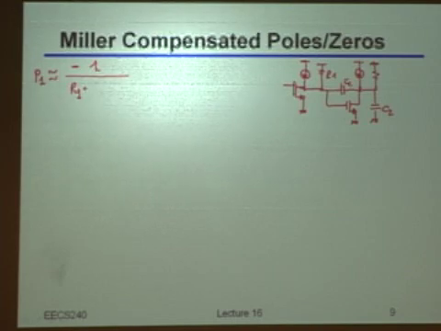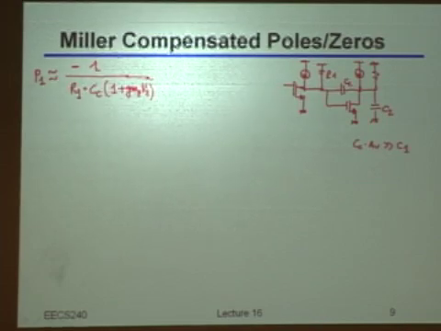This capacitance is going to be CC times 1 plus AV, where AV is the gain of the second stage, so GM2 R2. Let's notice that since I'm assuming that CC times AV is much bigger than C1, I didn't even bother to draw the original C1.